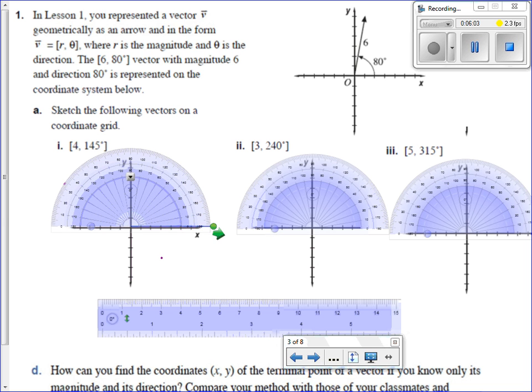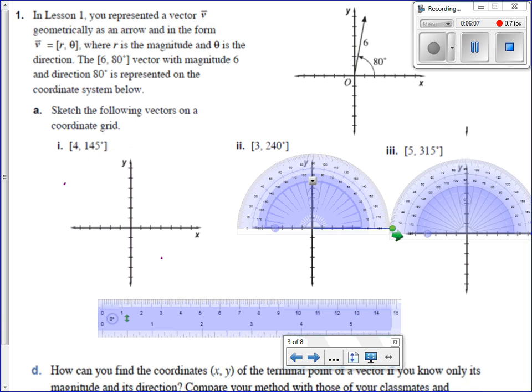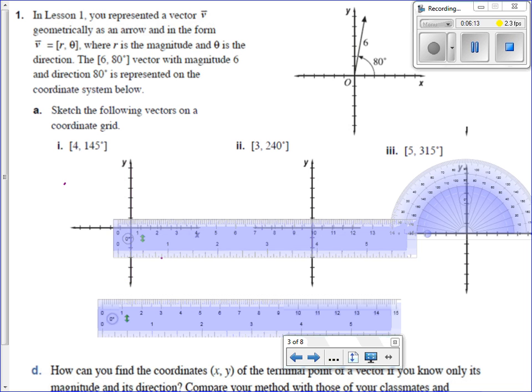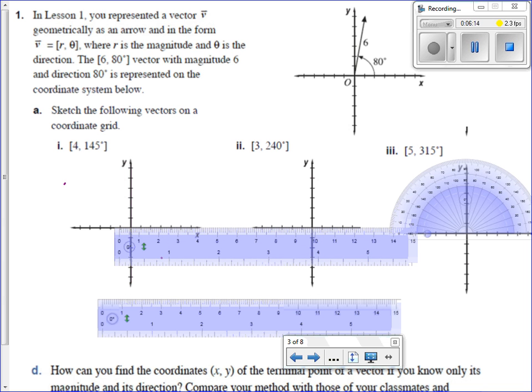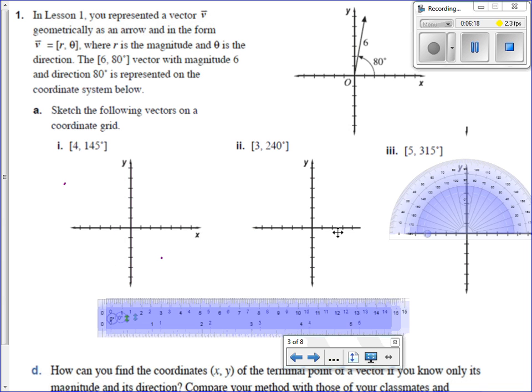Unfortunately, it's a little bit difficult for me to use them here, so I am going to delete a couple of them. My ruler doesn't work either, so I'm going to just leave that. We want to sketch a vector and find the coordinates on a coordinate plane. The vector in A1 has a magnitude of 4, an angle of 145 degrees.